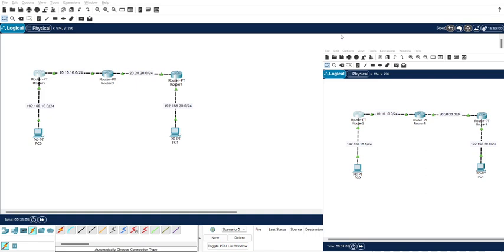To make that process easier, we shorten the IP address, so it's going to be 20.0. It's very easy. Okay, after that we're done on router number two. Now we're going to do router number three.